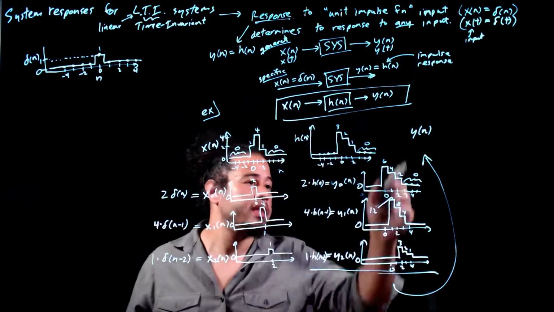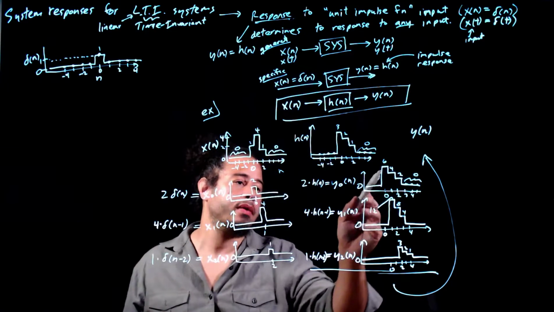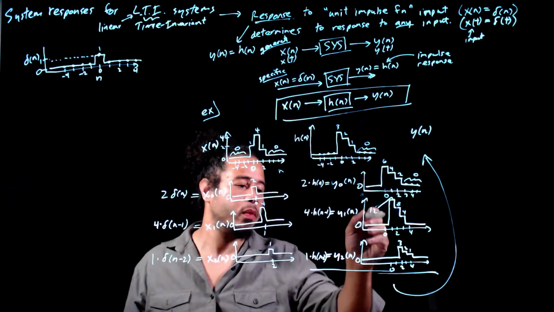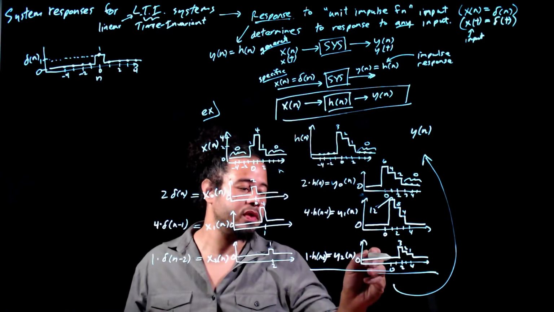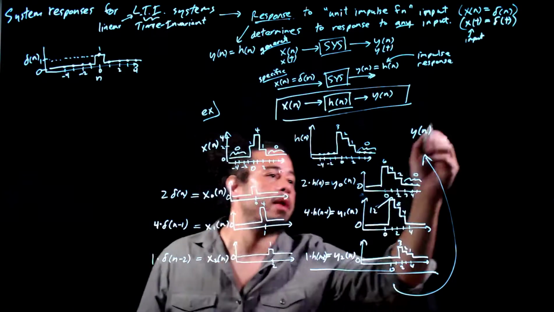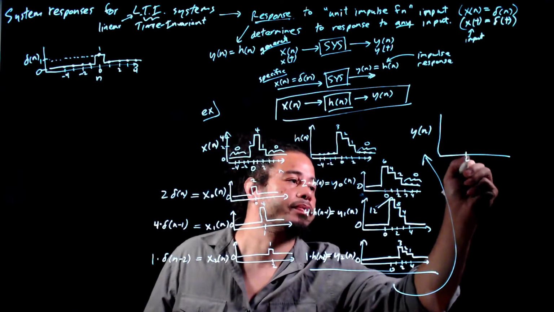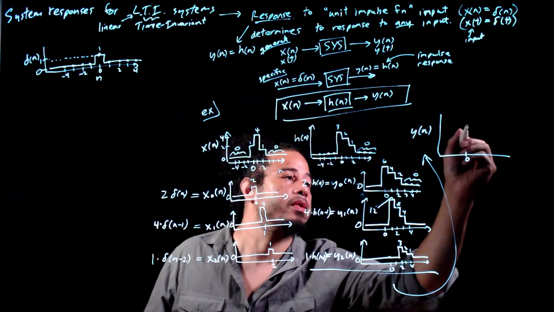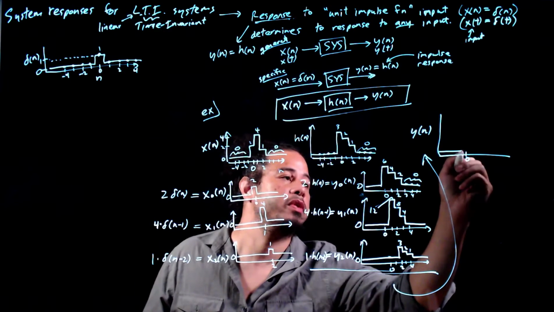At time point 0, y0 is equal to 6, y1 is equal to 0, and y2 is equal to 0. So the output y of n at time point 0 is 6 plus 0 plus 0, which is 6. Before time point 0 it's going to be 0.